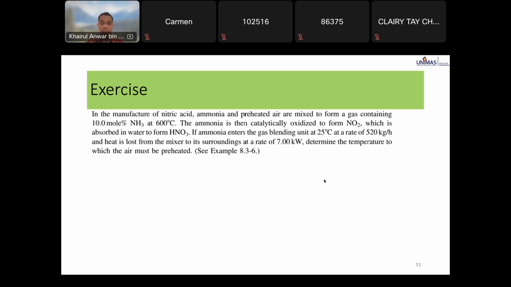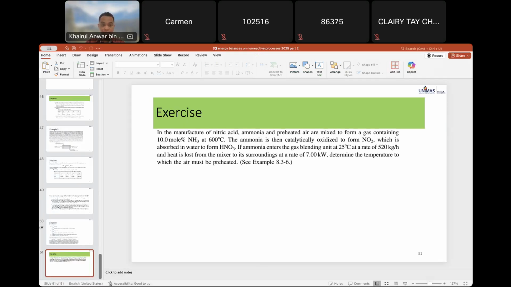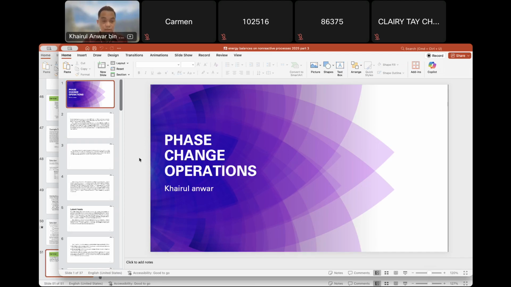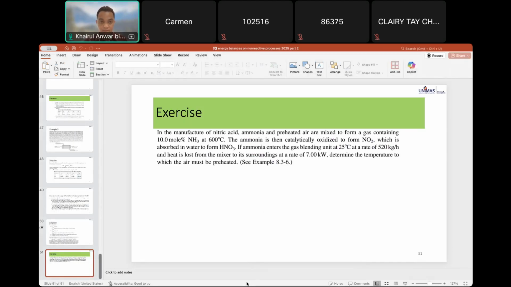Wait. Now it's a phase change operation.